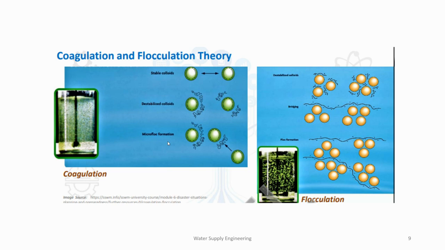And the coagulated water, when subjected to flocculation, results in bridging of the destabilized colloids, later forming larger flocs heavy enough to settle under gravity. So that is the basic coagulation flocculation theory.